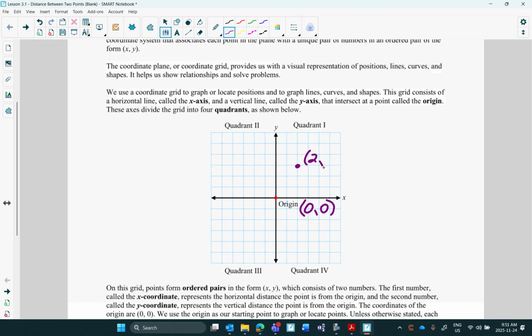And then we're 3 up, so that means positive 3. If we go left or down, that means it's negative. So if I did something like this, starting from here, I go left 3, and left is always negative, think of a number line, and then I go down 3. So that's the coordinate of that point. Again, this should be reviewed.